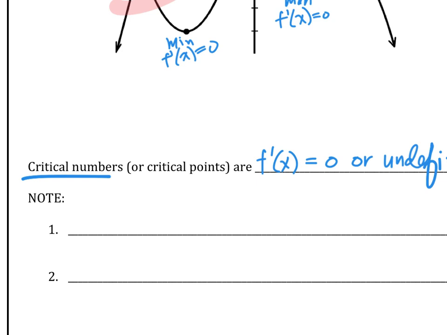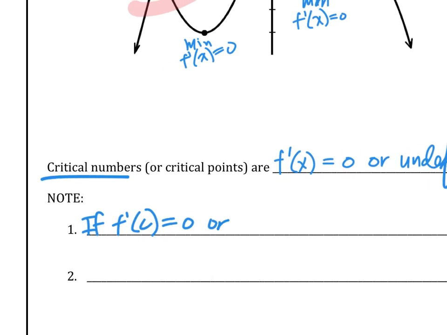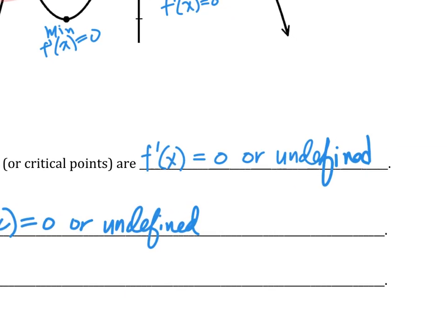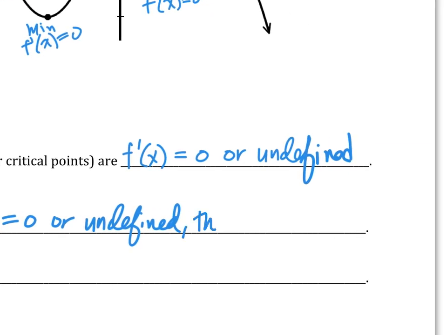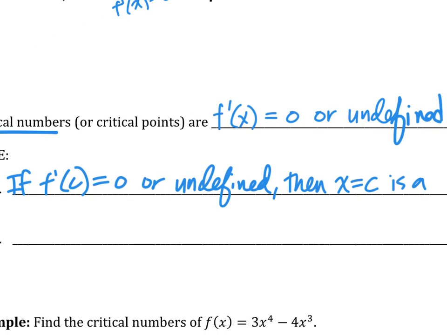So let's write a few notes. So if f prime of c, so at this point, you have a derivative of 0 or undefined, then x equals c is a critical point. Or you can say critical number.